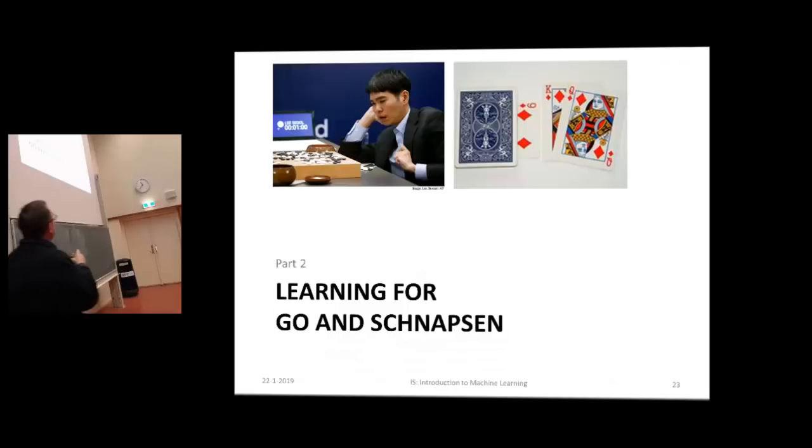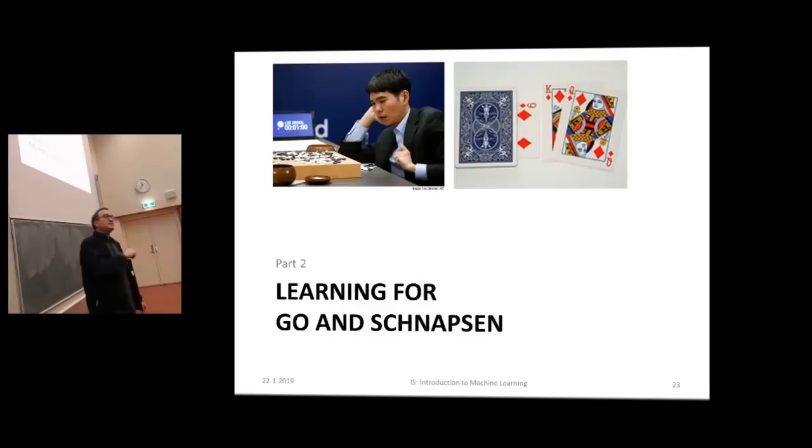So before we have a break, I want to spend a little bit of time on how we can translate this to Schnapsen. For that, I want to tell you a little bit how AlphaGo was implemented, because in principle our problem is in a way similar to the Go problem.